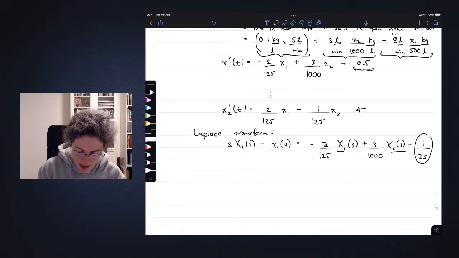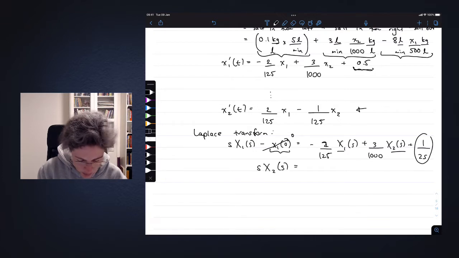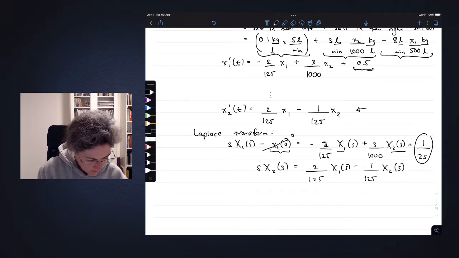Now we've said that the amount of salt at time t equals 0 is 0, so this term is 0, and it's going to be the same for our second tank. So we're going to have s x2 of s is equal to 2 over 125 x1 of s minus 1 over 125 x2 of s.